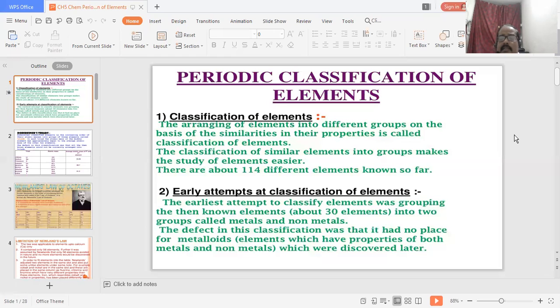Some properties are similar, not all types of properties. So we arrange the periodic table into different blocks like S, P, D, F, and group wise, in the modern periodic table, a total of 18 groups we describe.